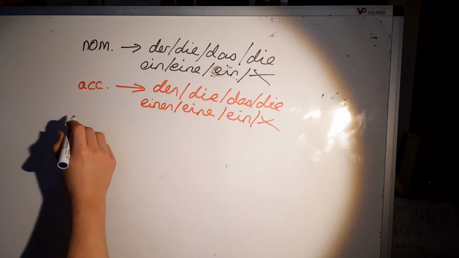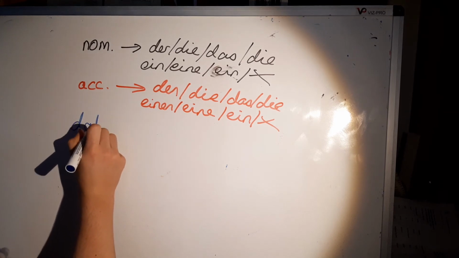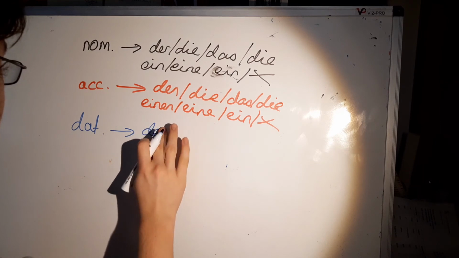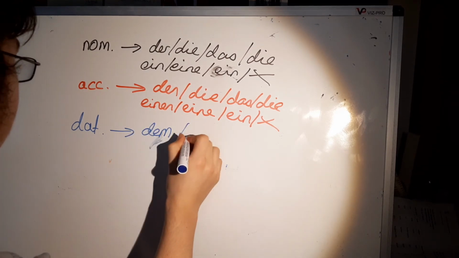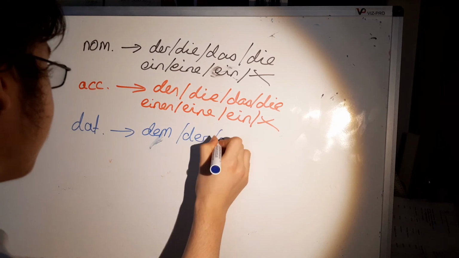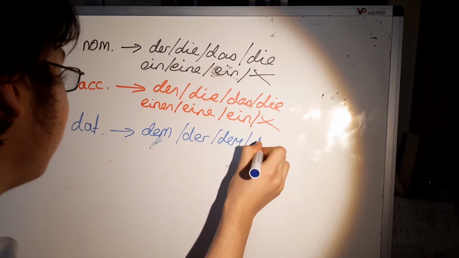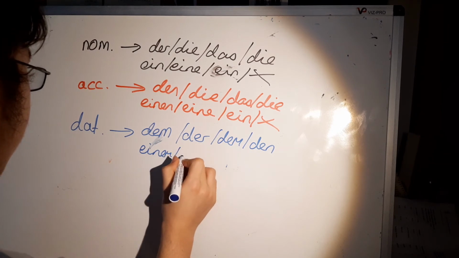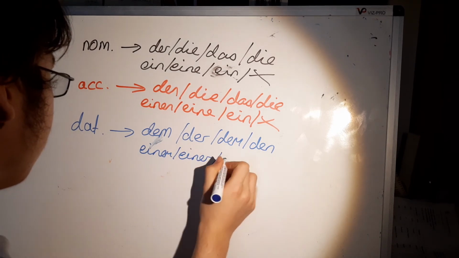So the dative is where it begins to get a bit wacky. Dem, der, dem, and den. And then you have einem, einer, einem.